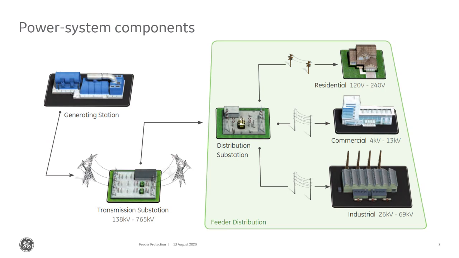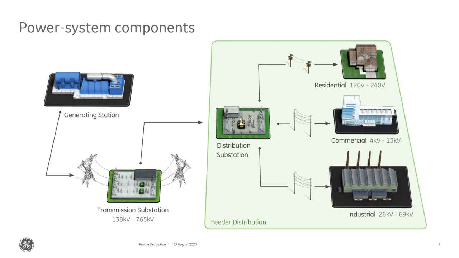The distribution substation lines distribute that power to our end users. At residential, it gets stepped down even further to 120 or 240, depending on the type of residential. For commercial, you might have some high tension, maybe at 4 kV or 13 kV, and industrial even higher, which will then have internal transformers to step the voltage down to the usable voltage range.